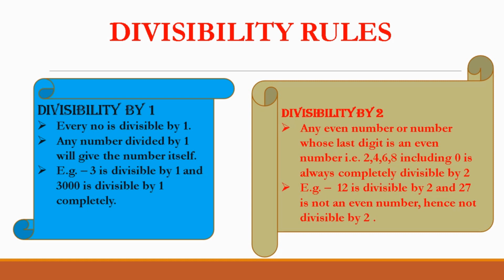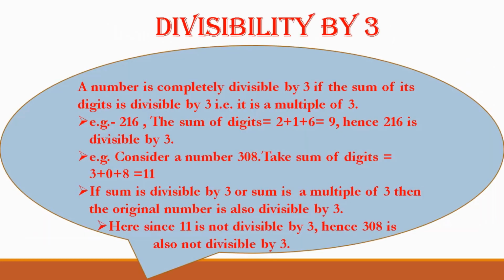If the last digit 2 is divisible by 2, then the number 12 is also divisible by 2. Another example, 27 is not an even number. Hence, this is not divisible by 2.